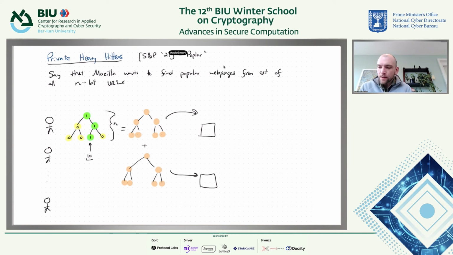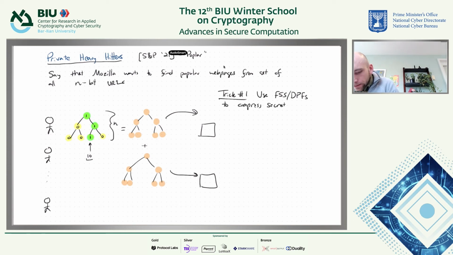But the trick is, well, there's 2 tricks. So first trick, number 1, is that we can use function secret sharing or distributed point functions to compress the secret sharing at each level of the tree.